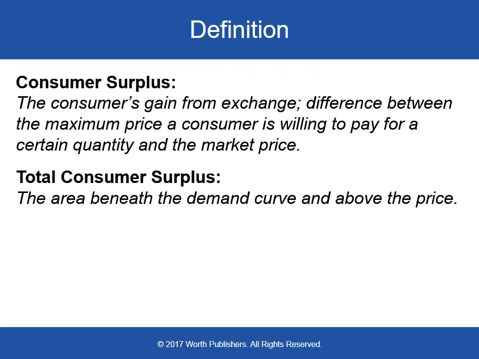Now we're going to get into a little more complicated and challenging area of the demand curve. And there are two concepts. One is the concept of consumer surplus, and the other is the concept of total consumer surplus. So what consumer surplus is about is like this. Let me give an example.